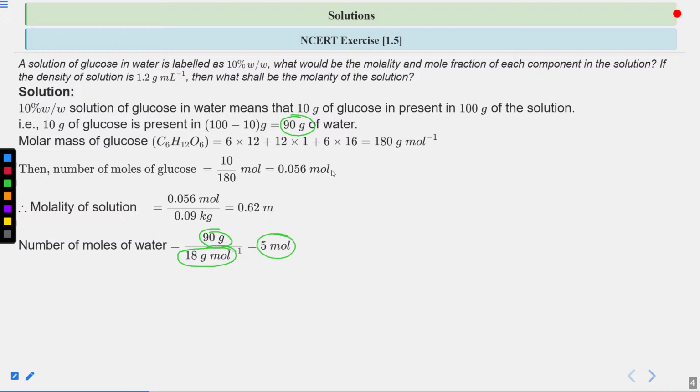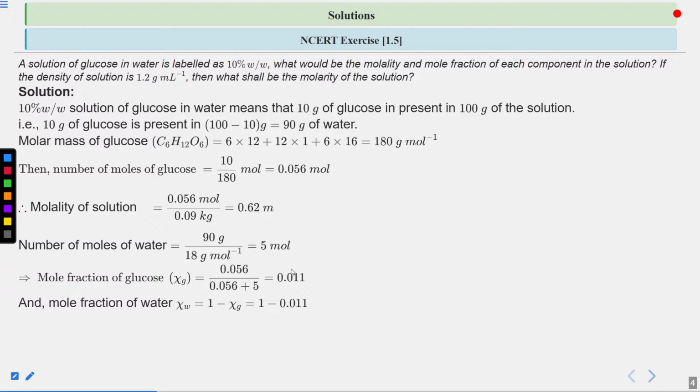So we have the number of moles of glucose and the number of moles of water. Then we can easily calculate the mole fraction. It will be the moles of glucose divided by the total number of moles, which is 5 plus 0.056. If you calculate this value, you will get 0.011 as the mole fraction of glucose.